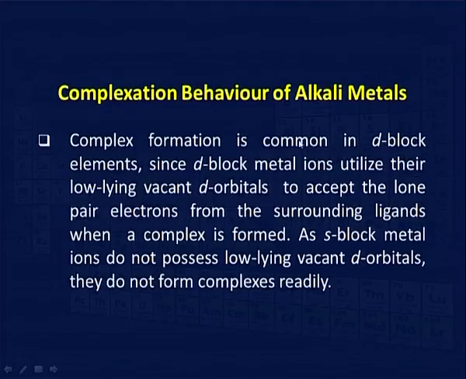Complex formation is common in d block elements. In d block elements, ions utilize their low lying vacant d orbitals to accept the lone pair of electrons from the surrounding ligands when a complex is formed.